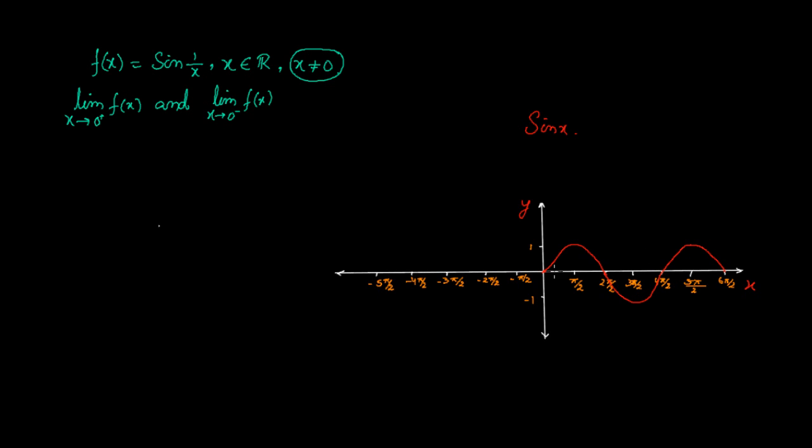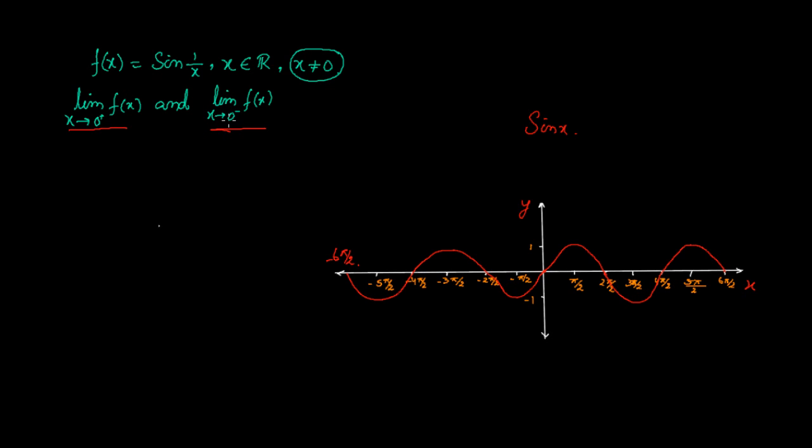This is the graph of sine x on the right hand side. Now from the left it goes in the same way. And this sine x graph will help us to find the right hand limit and the left hand limit.